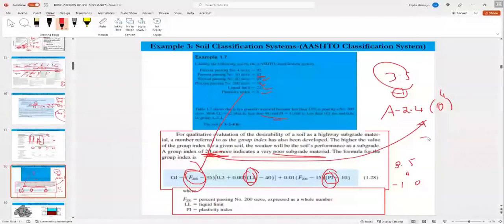If you had a number like 3.7, that's 4. 3.2, that's 3. -1, that's 0. Any other question?